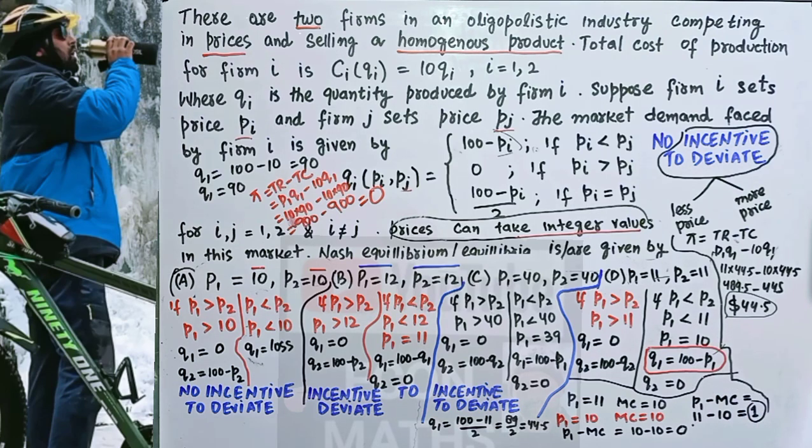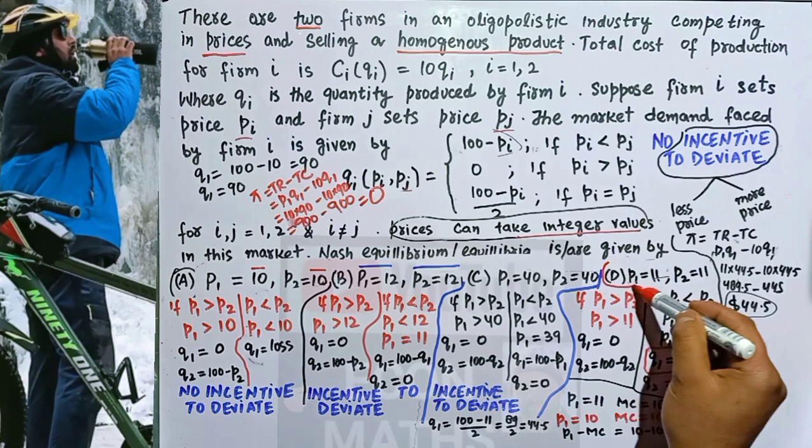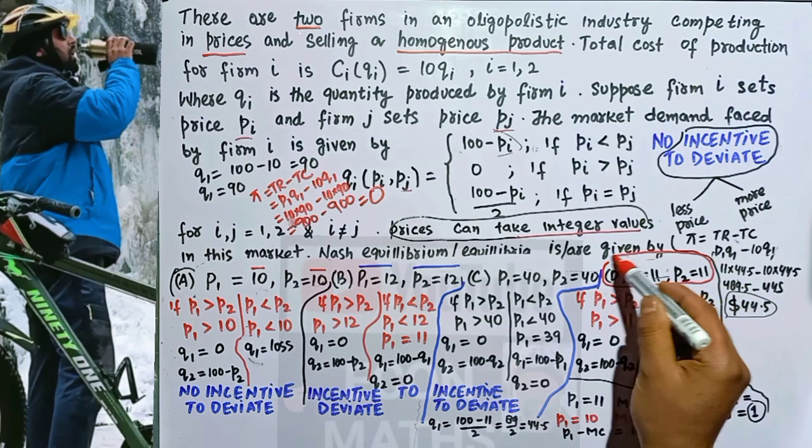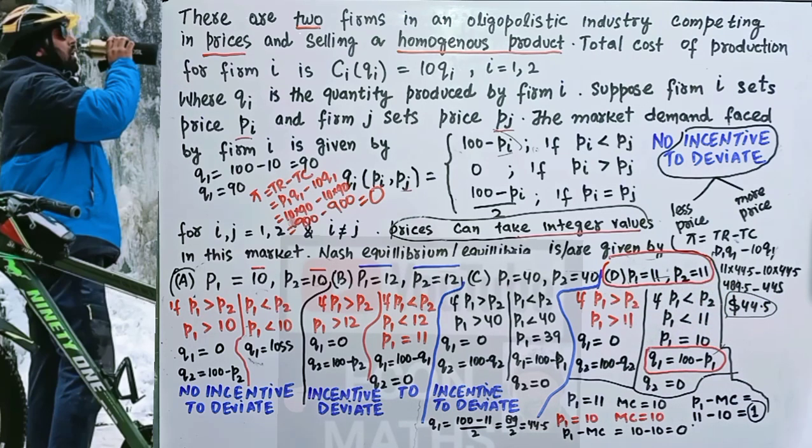But when he was sticking to the initial price, that is P1 was 11, although he has to split the market with his competitor, he gets only 44.5 units of market share, but he is able to get an economic profit of $44.5.